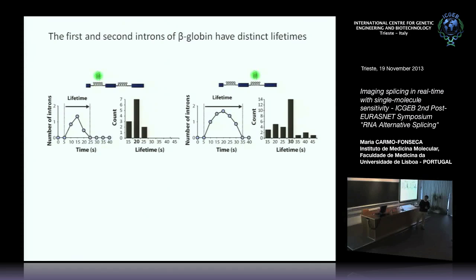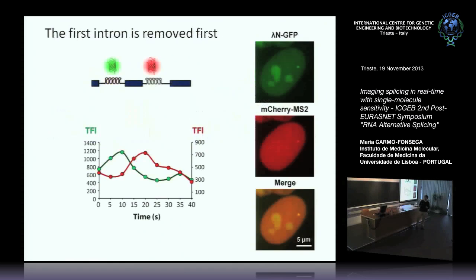Also, we can introduce different types of stem loops. So we have introduced an MS2 binding site and the lambda N binding site in the first and in the second intron. This allows us to label the two introns with different colors, and when we simultaneously track the fluorescence in both channels, you can see that the signal co-localizes because we are always looking at the site of transcription.